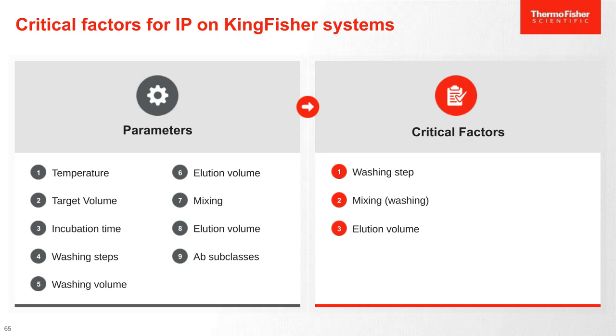So the final slide here, I would just like to conclude this session by showing the new Kingfisher Apex instrument, which is a really nice instrument that has, of course, all the benefits that are included in the Kingfisher Flex instrument, but also has added new features such as UV light.